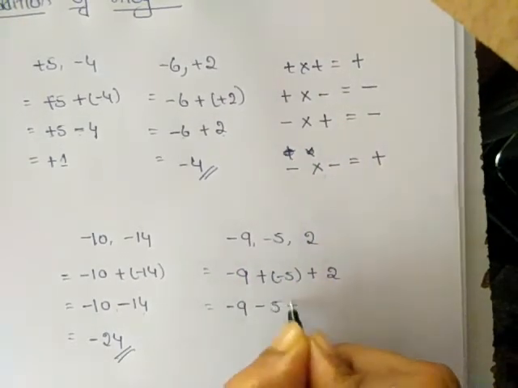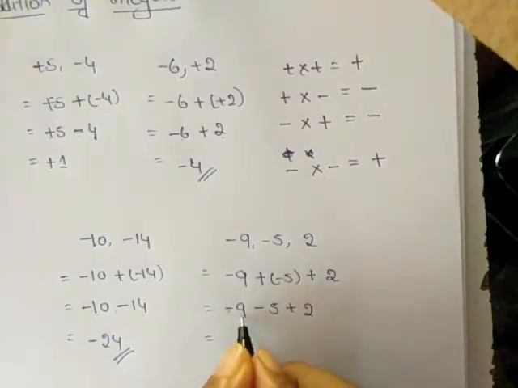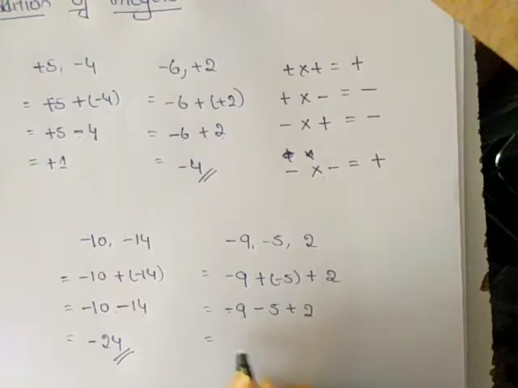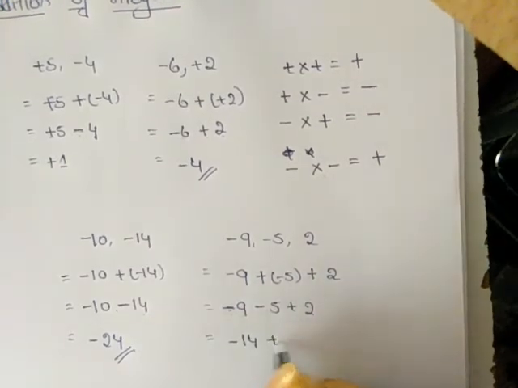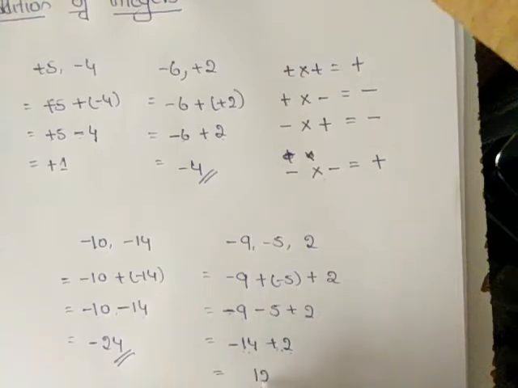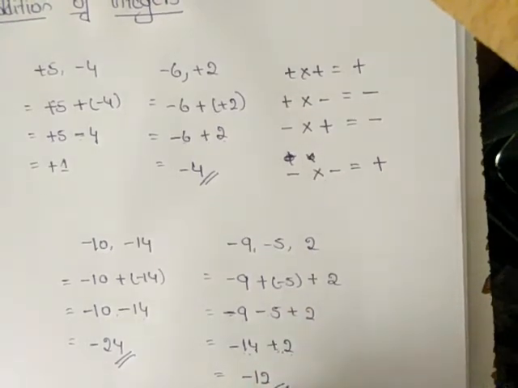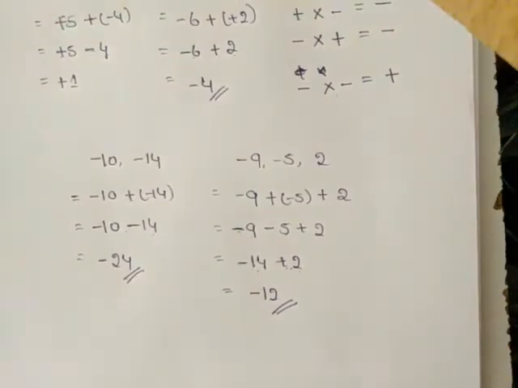Minus 5 plus 2. Then like signs, so we need to add 9 plus 5 is 14, bigger number sign minus, and this plus 2. Okay, unlike sign we need to minus, 14 minus 2 it is 12, bigger number sign minus. Okay, this is how we need to add three integers.